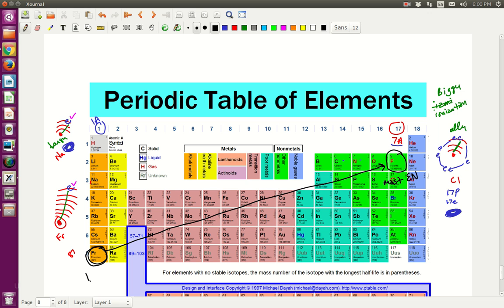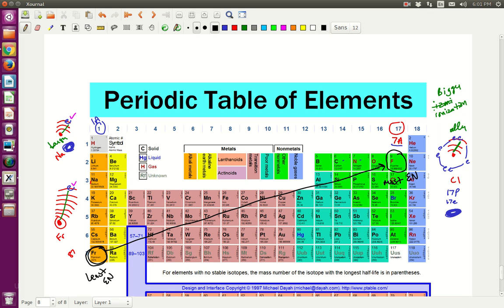And francium would be the least electronegative because it's large and it does not want electrons. It wants to get rid of them. Fluorine is small and it really wants one more, and it's really strong. So the closer the elements are to fluorine, the more electronegative they are. The more they want electrons, and that usually also means the more electron affinity they have. So the closer it is to fluorine, the larger the electronegativity gets.